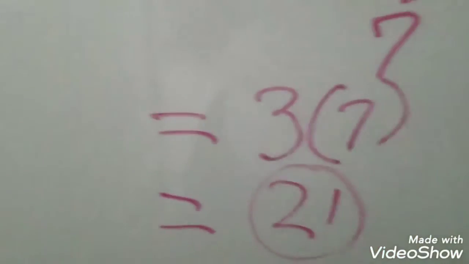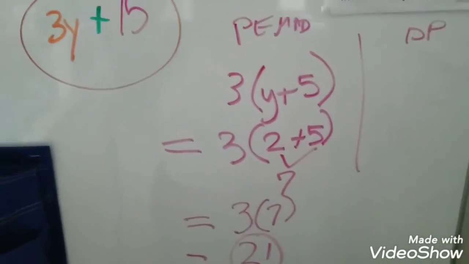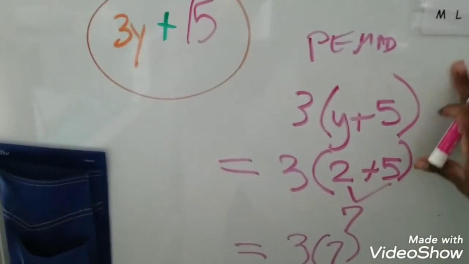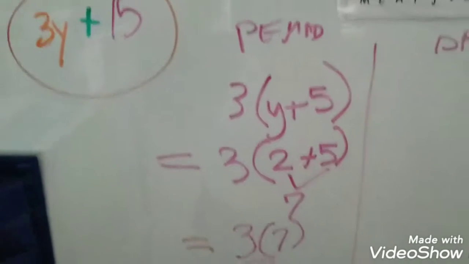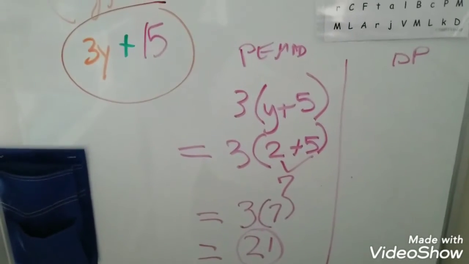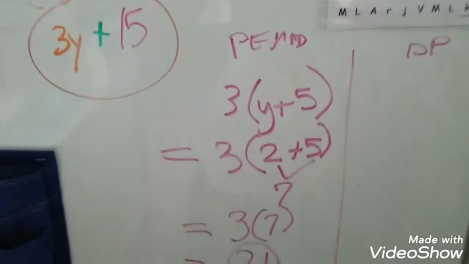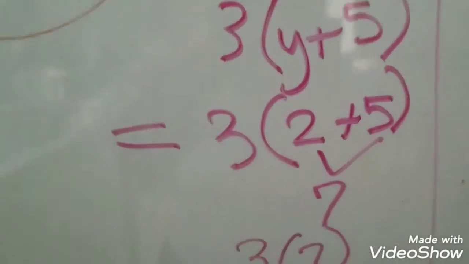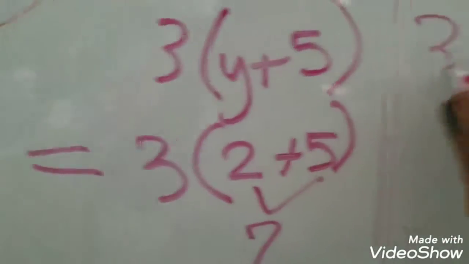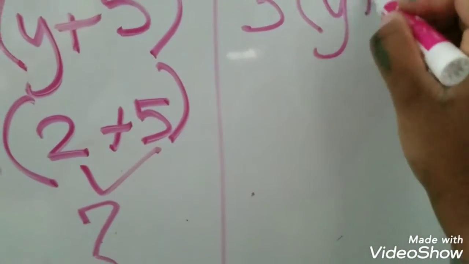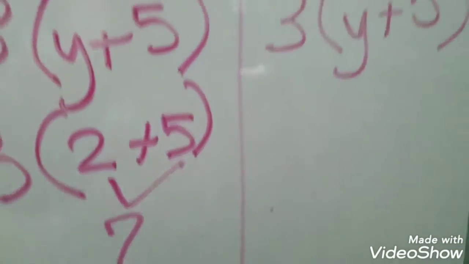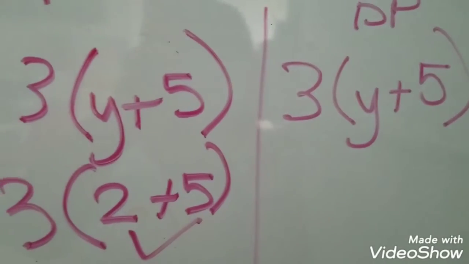Excellent job. Now, if I say, I want you to double check that problem for me using the distributive property, how would I solve that? Use the distributive property. Let's go ahead and rewrite our problem. What would I do using the distributive property?